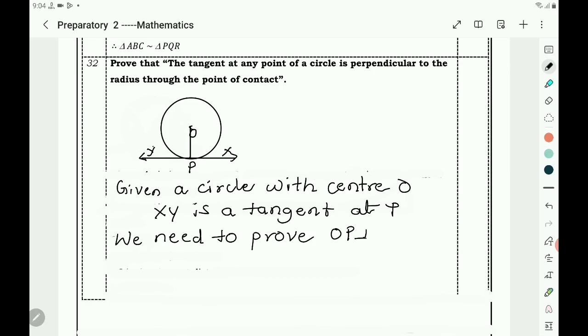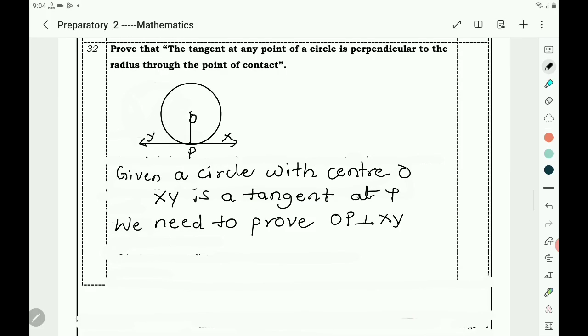Here there is a need of construction. So what construction is to be done?